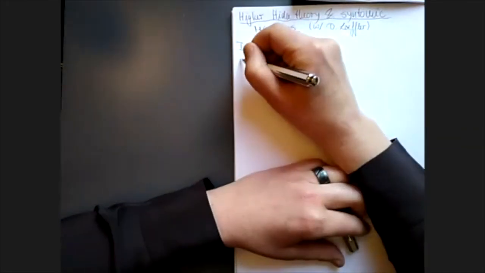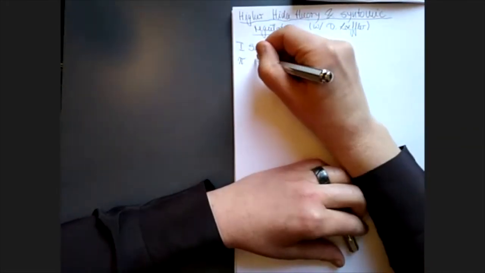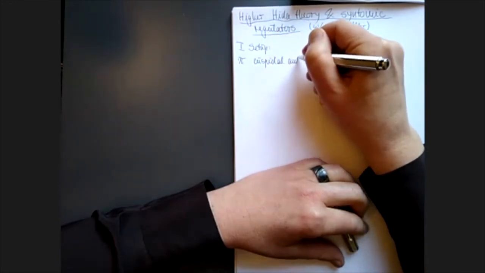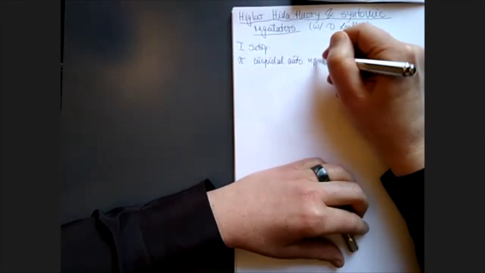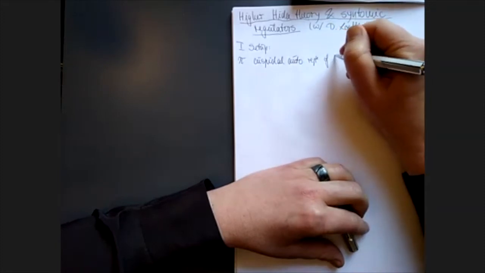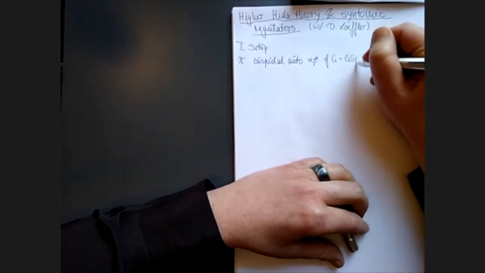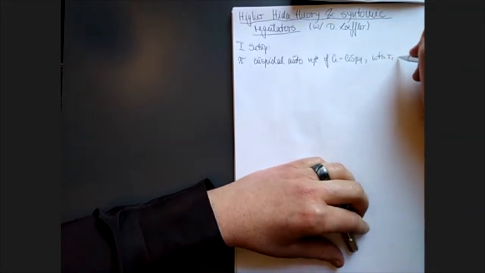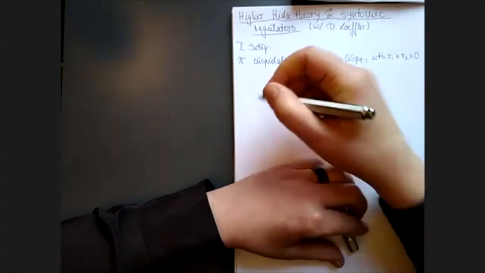We let pi be a cuspidal automorphic representation of the group GSp4, and I call the weights r1 greater or equal to r2 greater or equal to 0.